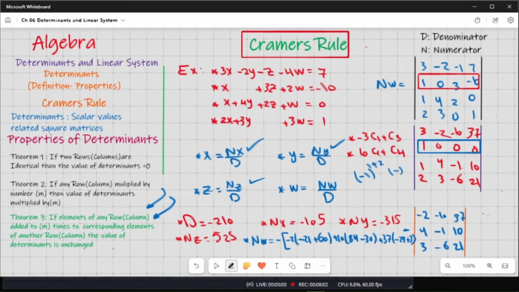Okay, this will be 1515. Okay, so this is nw, just clear.